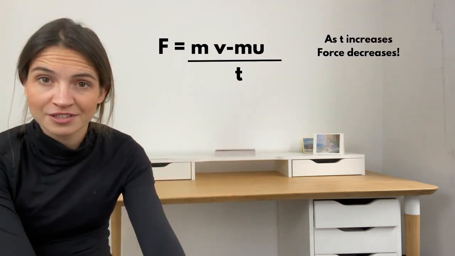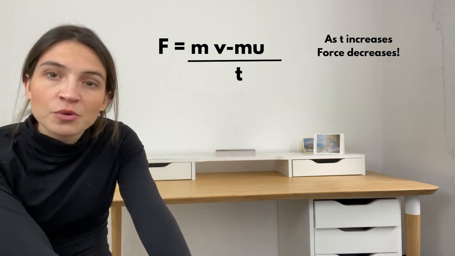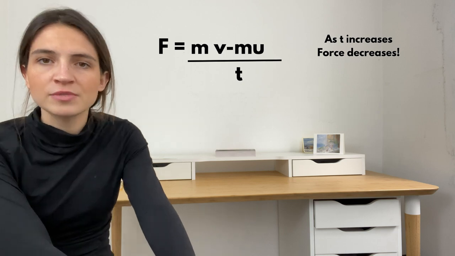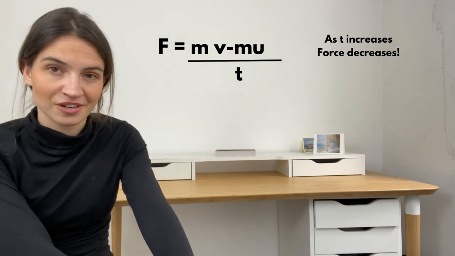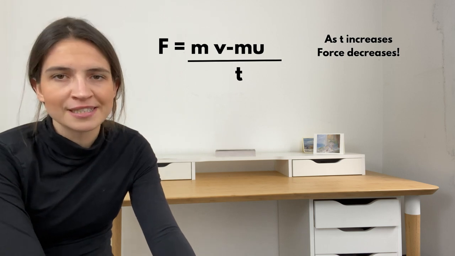What would you do if I told you that in order to reduce the damage on you, you want to be colliding for as long as possible? That is because the force acting on you is given by that equation that we just looked at. So if you increase the time of your collision with the wall, then you decrease the force that is acting on you. And if you decrease the force acting on you, then you decrease the damage.